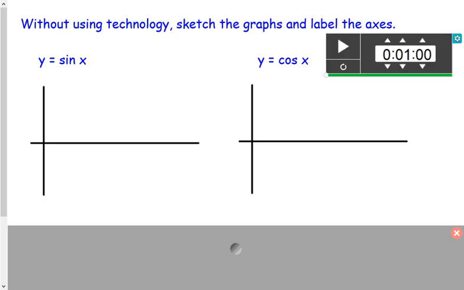All right. So first thing, before you do the warm-up question in your book, you have, once again, 60 seconds to sketch these two graphs.